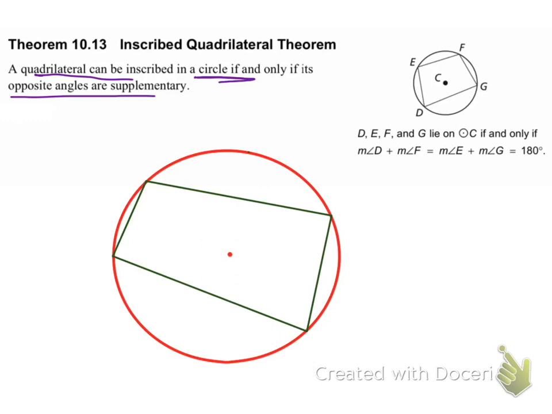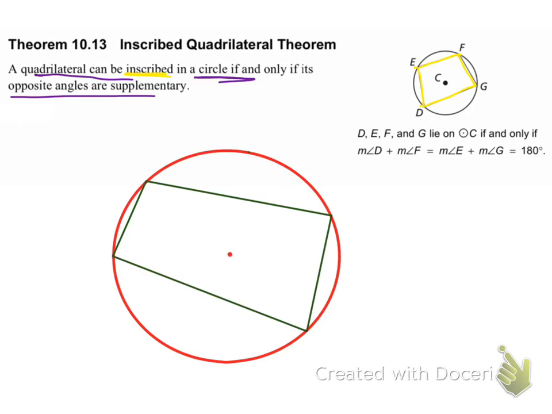If you see a circle here and the polygon is inscribed, so which one is inscribed? This one is inscribed here. And keep in mind, all the vertices should touch the circle. If it is not touching, it's not inscribed. So here it's touching. Then what do they mean? They say that opposite angles are supplementary.